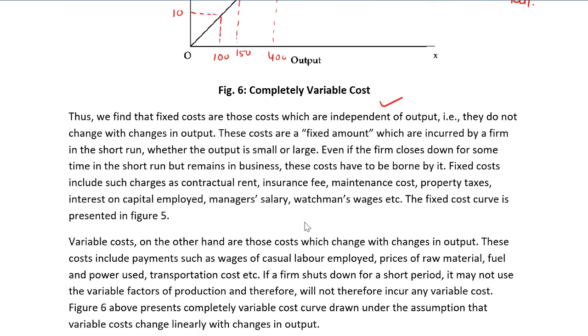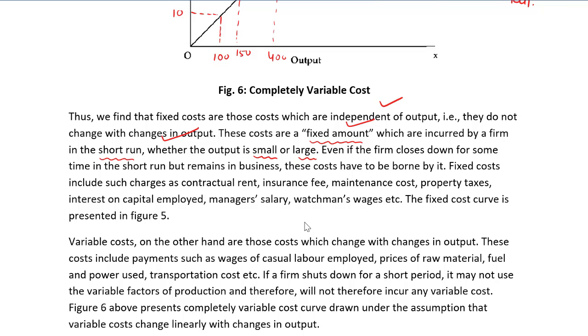Let's see this. Thus, we find that fixed costs are the costs which are independent of output. Whether the output is more or less, fixed cost will be the same. They do not change with the change in output. These costs are fixed amounts which are incurred by the firm in the short run, whether the output is small or large.